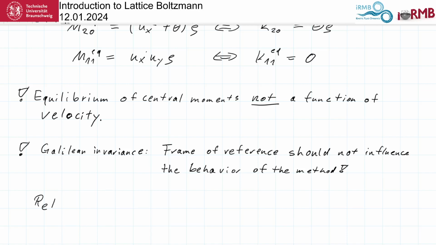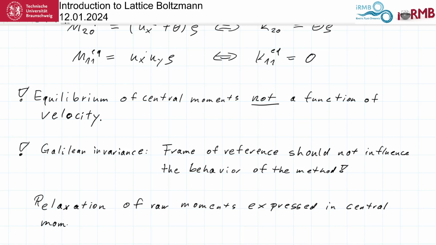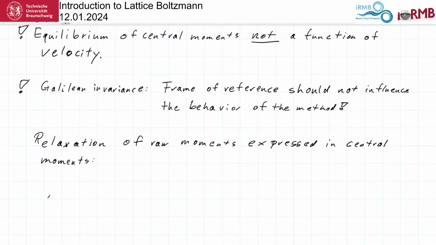So let's assume we are relaxing the raw moments as we do in the standard MRT methods. So relaxation of raw moments, and then we express this in terms of central moments. Let's look at the moment m20.